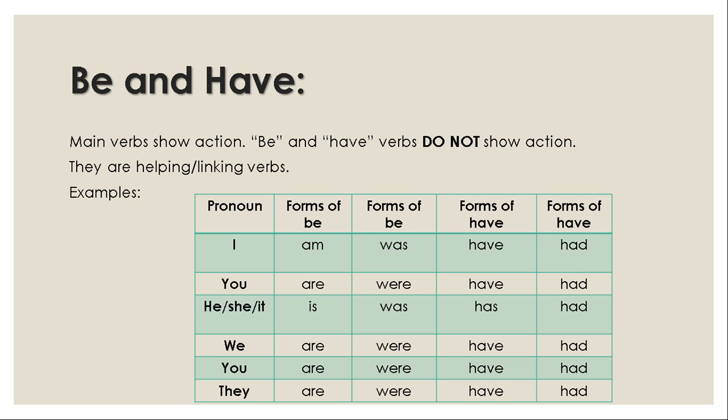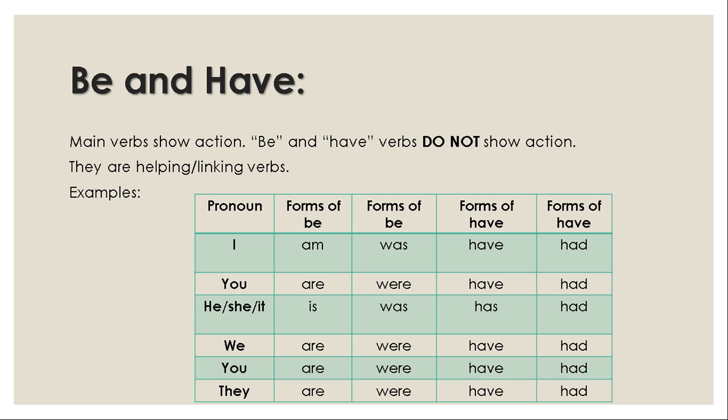And then the last two columns, they show you the forms of have that we can use. So have is just going to be have, has, or had. These are the three forms of have verbs. And the forms of be verbs are am, was, were, is. And depending on the pronoun, we have to change the one we are using.